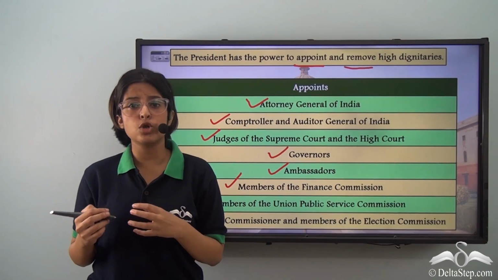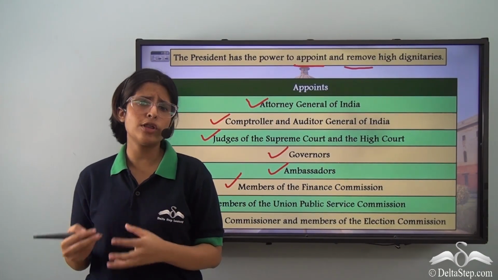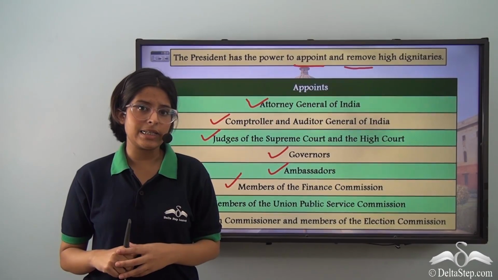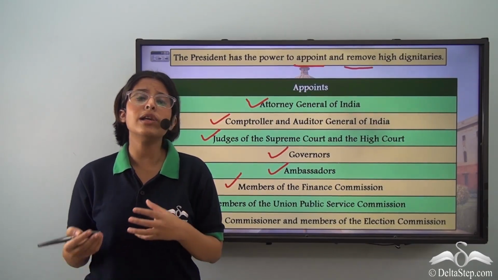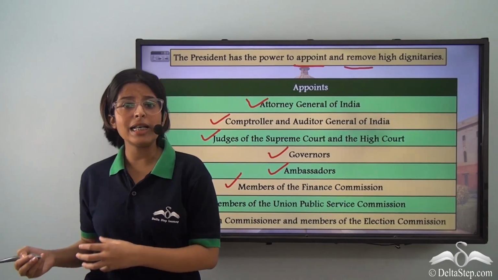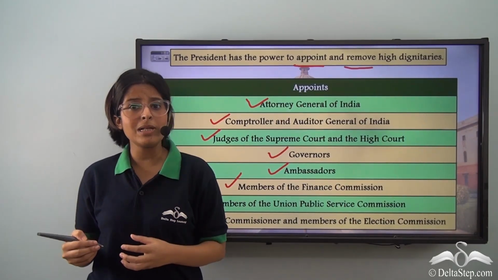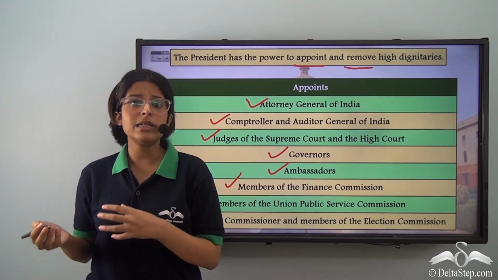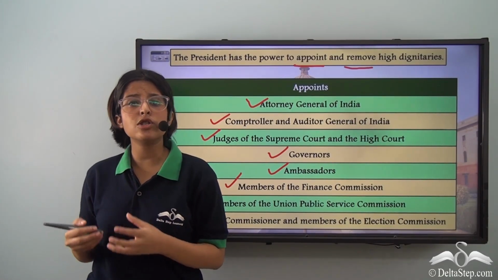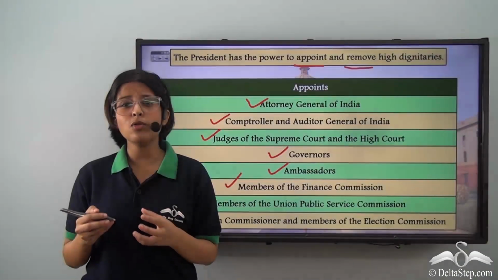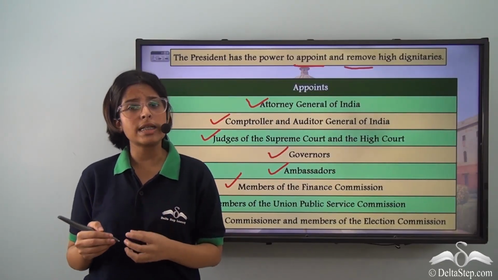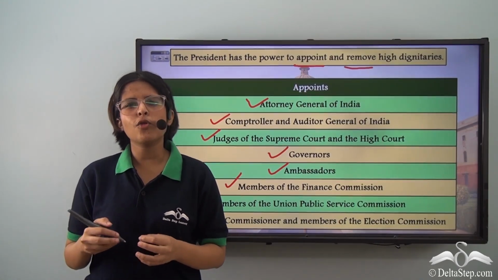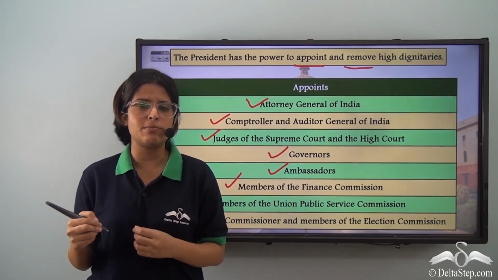But there has been certain talk regarding whether it is fair for the President to appoint the Chief Election Commissioner. Why do you think that is? It is because the President has only formal powers and he is advised by the Prime Minister. The Prime Minister is the leader of the majority party, and this Prime Minister advising the President to appoint the Chief Election Commissioner is somewhat controversial.